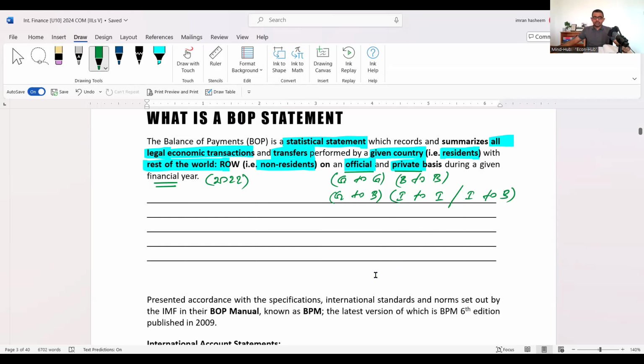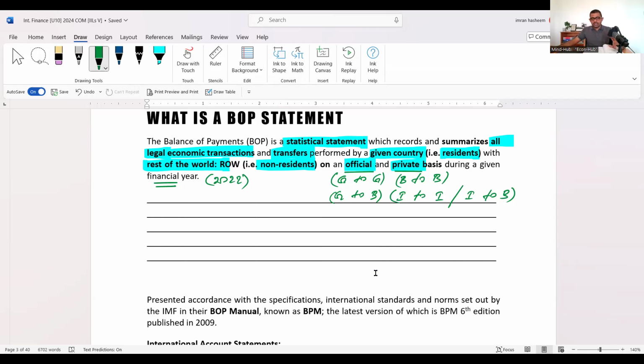Then what I want you guys to do is just to get an idea of the balance of payment statement. We have to understand this is a statement that is in principle prepared based on the guidelines given by the International Monetary Fund, IMF. They prepare a special manual for their member countries to follow, a series of volumes that member countries should follow when they prepare the BOP, balance of payments statements.